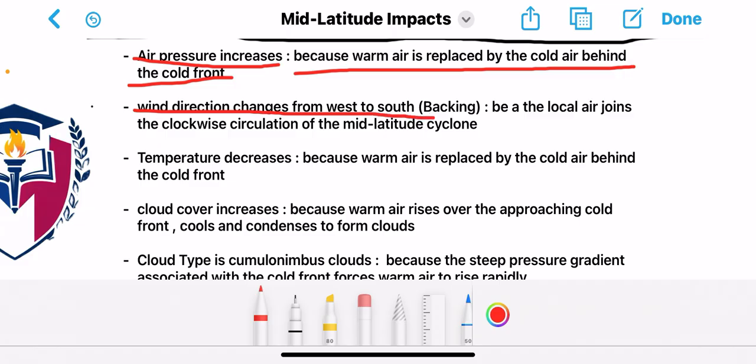Second point, wind direction changes from west to south, which is backing. We call it wind backing. In the southern hemisphere, when wind changes its direction, we call it wind backing. But in the northern hemisphere, we call it wind veering.